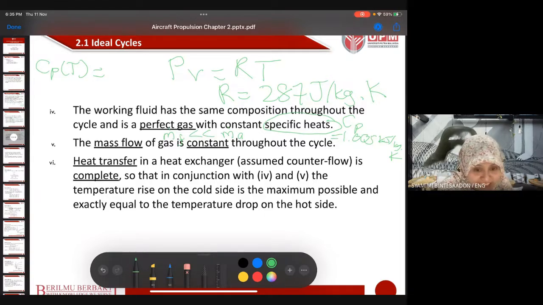It is an ideal case; normally there is always a drop in the heat exchange process, so the heat transfer efficiency may be 0.7, 0.6, or 0.8. But here in the ideal case we assume that the efficiency of the heat transfer process in the heat exchanger is 1, or 100%.